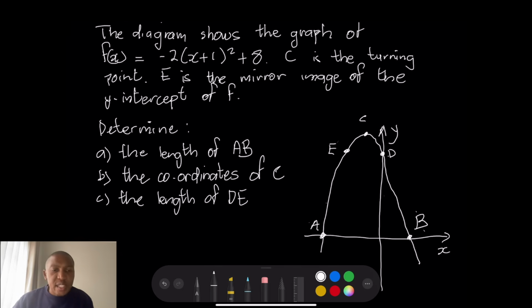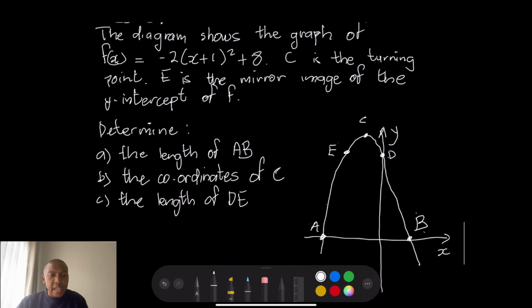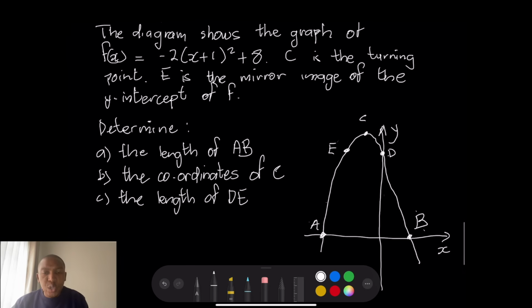Okay, so let's look at our second example. Example number 2. They say the diagram shows the graph of f of x, that's minus 2 into x plus 1 squared plus 8. They say C is the turning point, so there's our C value over there. Point E is the mirror image of the y-intercept of f.